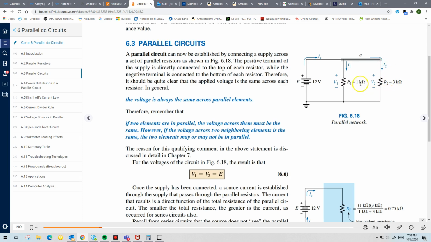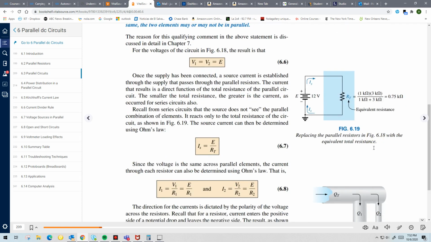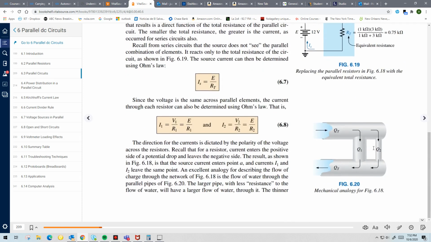So this is 12 and this is 4. And just like we found, the total current will be the voltage across the elements divided by the total resistance, but you can also individually find those currents.